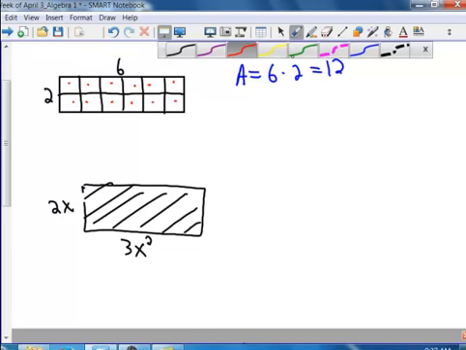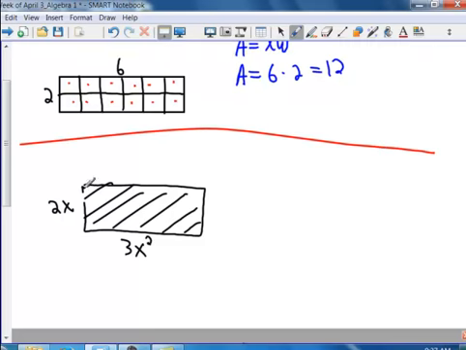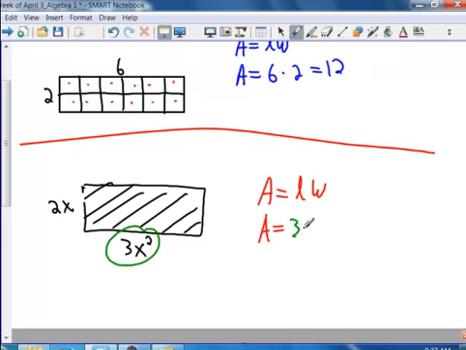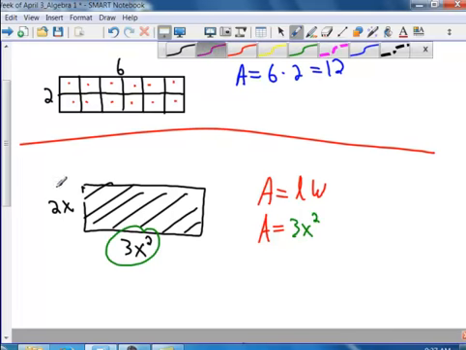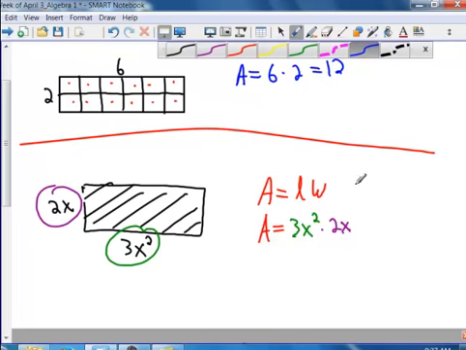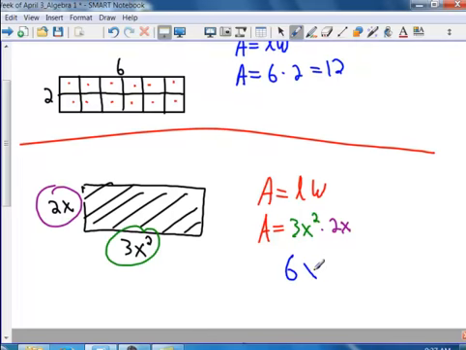We're going to do area equals length times width. We know the length is 3x squared, and the width here is 2x. So when we multiply them, it's just like any problem that we've done. It's 6x to the third. That's the area of this shape.